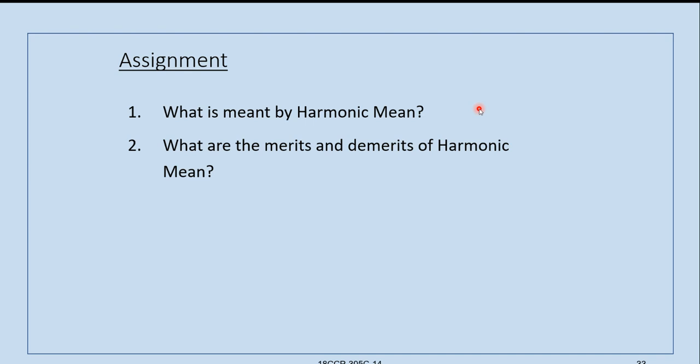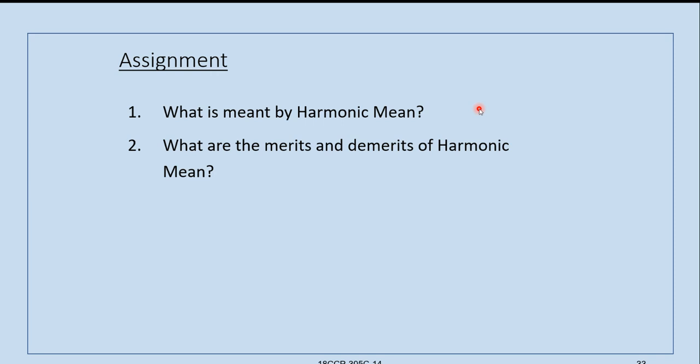And you will get 3 marks and 5 marks in merits and demerits. In 3 marks, normally you will be asked to write merits or demerits, any one. And in the 5 marks, you may be asked to write all the merits and demerits or some of the merits and demerits.